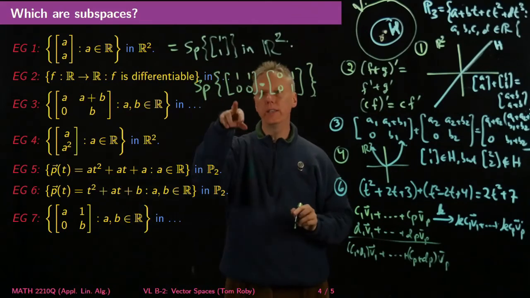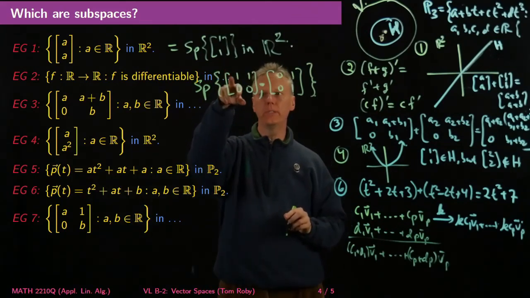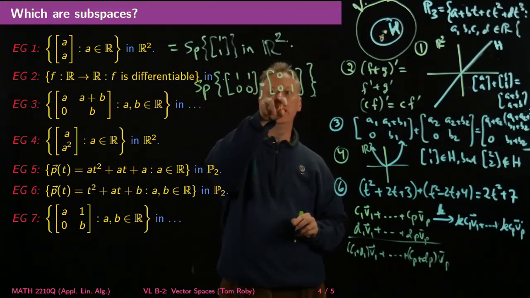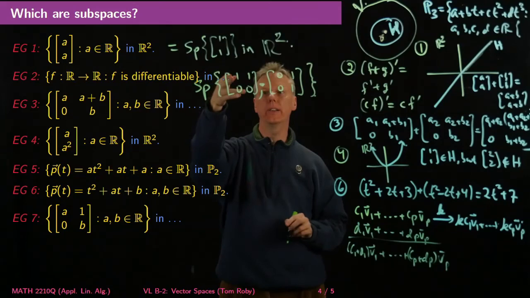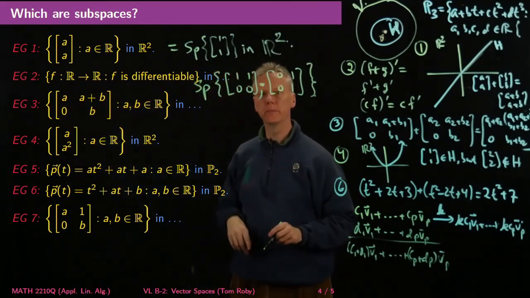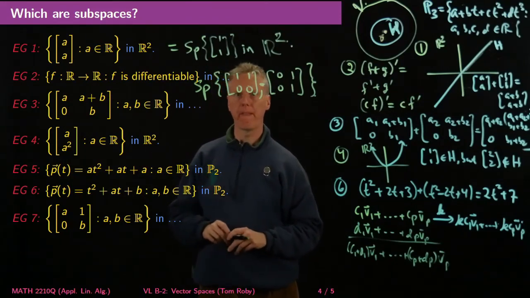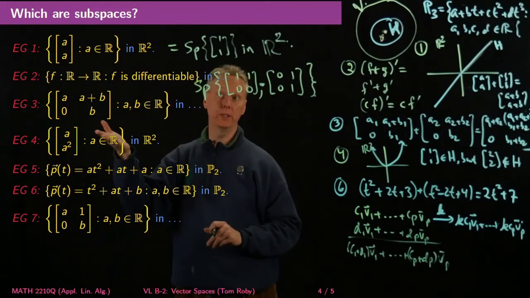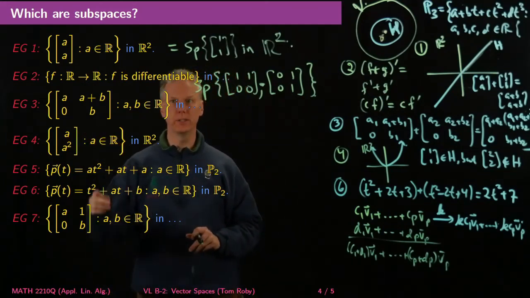Right? So if I take any a times this, then I'll get a, a, 0, 0, and I add to that 0, b, 0, b, then I'll get exactly things of the form a, a plus b, 0, b. Okay? This one was not a vector subspace, so there's no hope for it to be the span of something, which would have to be a vector subspace.